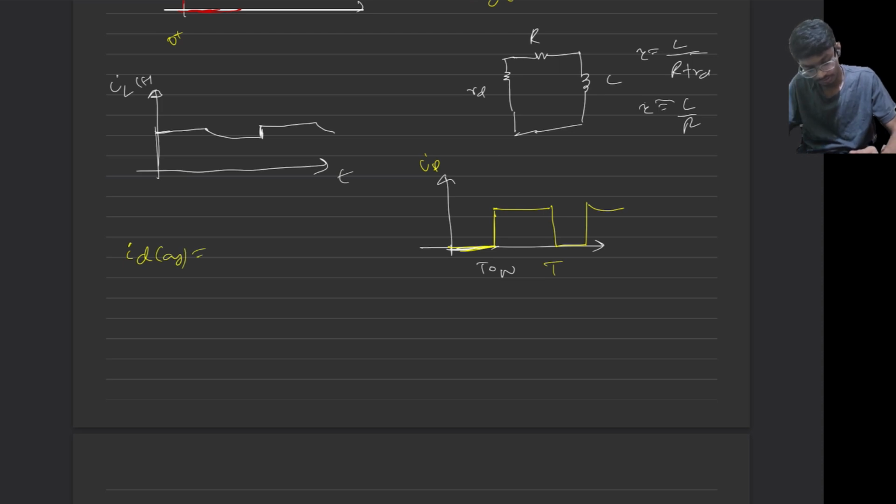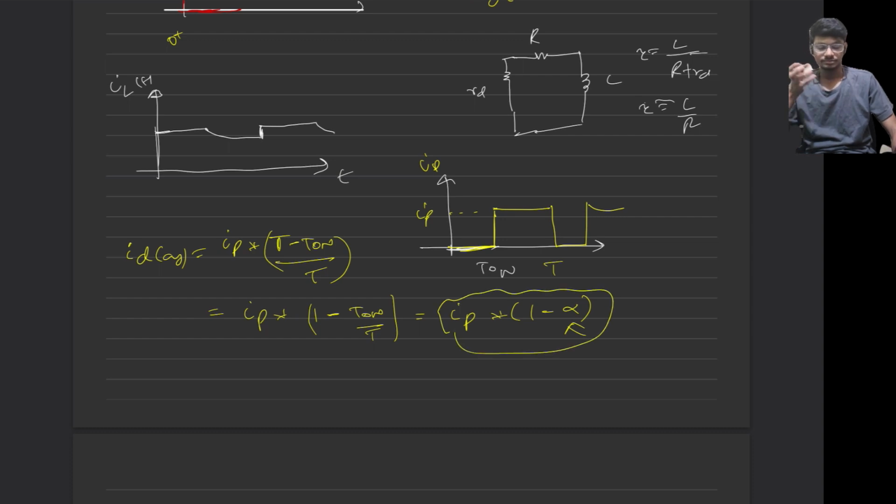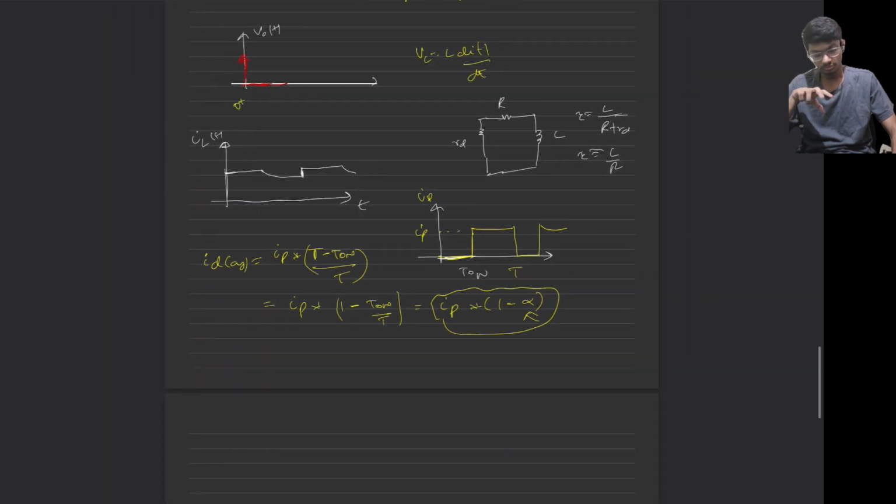The area is IP into (T minus t on) divided by T, which equals IP into (1 minus t on by T), which equals IP into (1 minus alpha), where alpha is the duty cycle of the circuit. So this will be the average value of the diode current. So now the question is over.